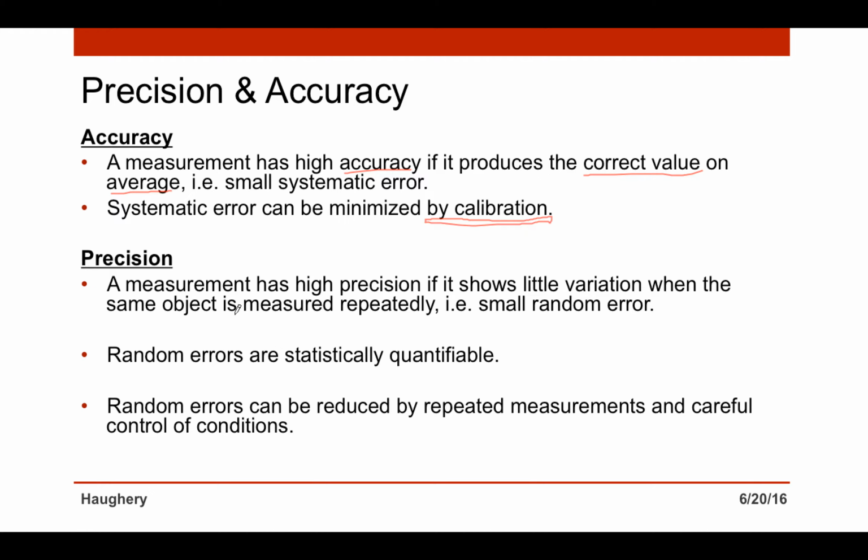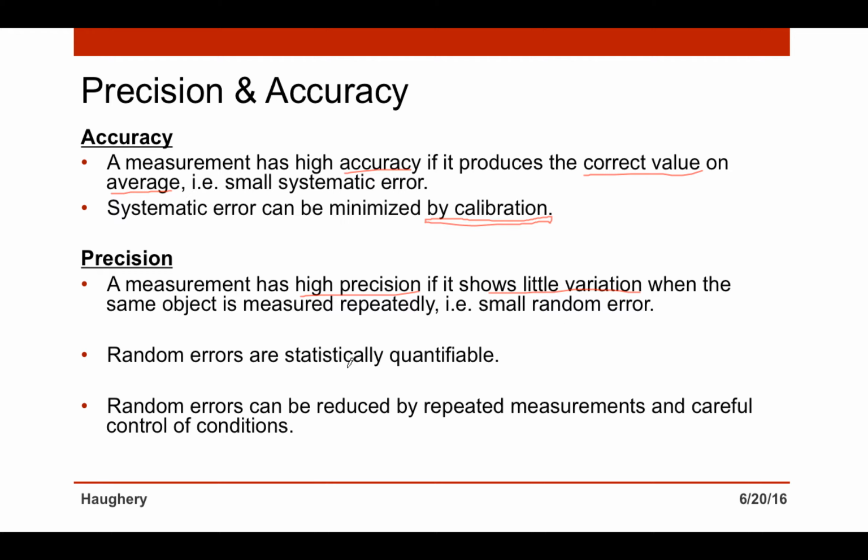Precision, on the other hand, right? A measurement has high precision if it shows little variation when the same object is measured repeatedly. So there's small random error. So you repeat that measurement and you don't change too much between 1 inch and 1.5 inches, right? Very, very precise measurement. Or 1 1/4 and 1 1/8.